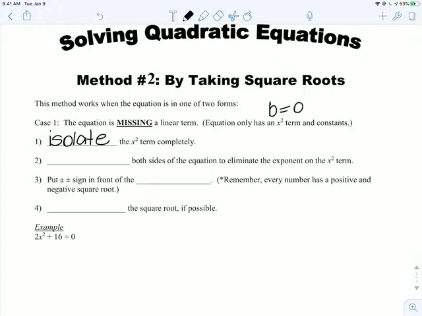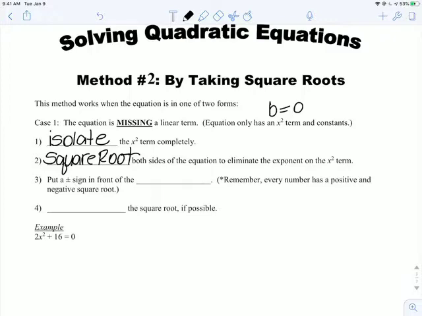Once you've isolated your x squared term, you're going to want to take the square root of both sides of the equation to eliminate that square on that x.